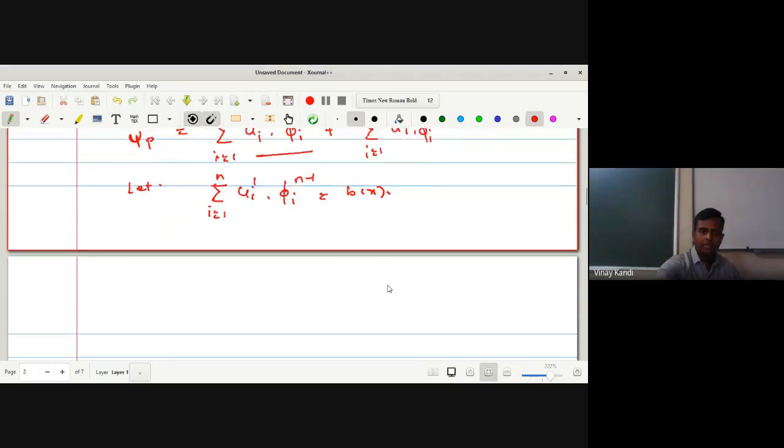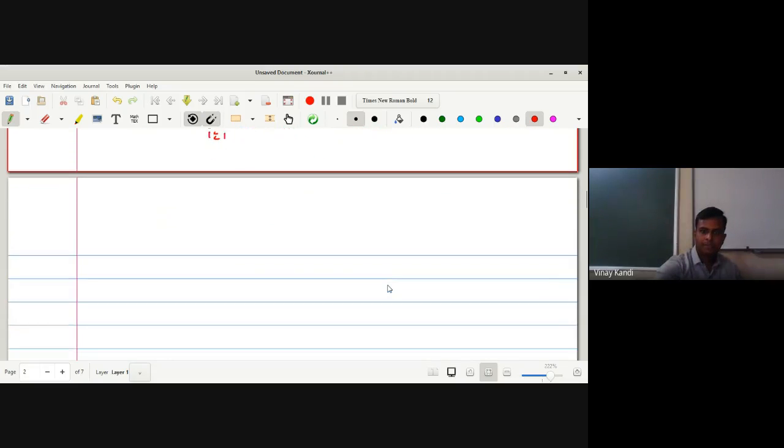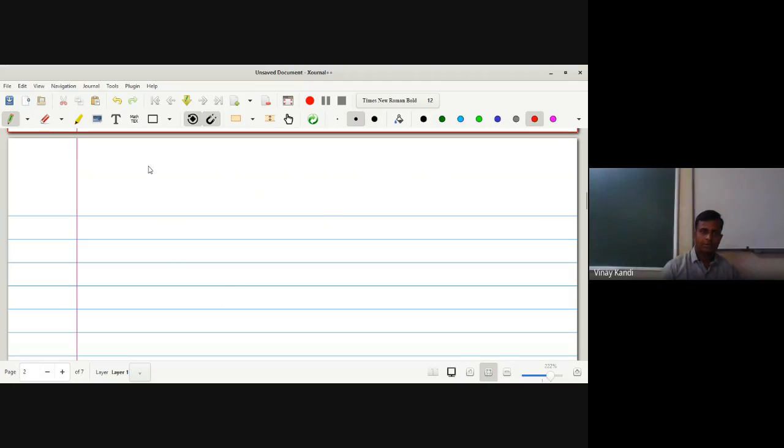So here we get psi p raised to the nth derivative of psi p is equal to summation I running from 1 to n, ui into phi I raised to n, plus b of x.